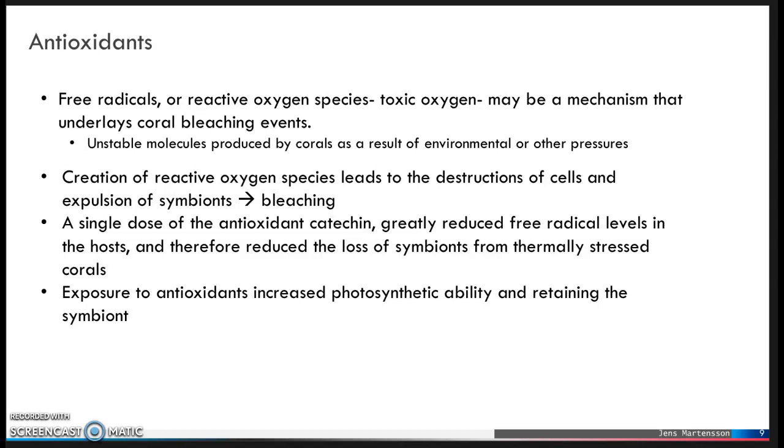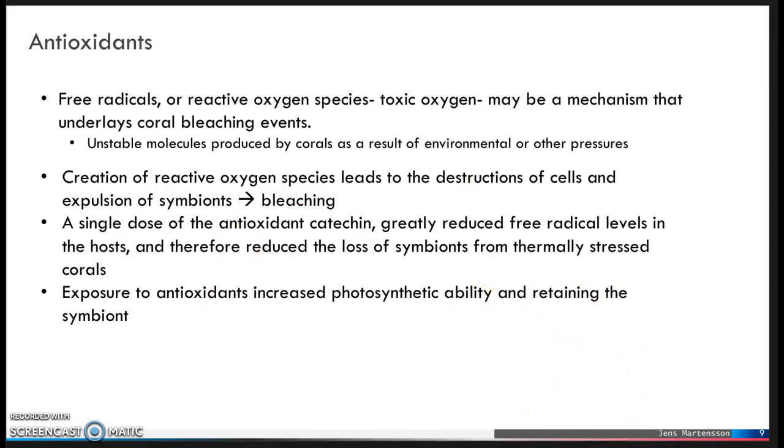In a couple of studies I looked at, the conclusion was that a single dose of the antioxidant catechin greatly reduced free radical levels in the hosts and therefore reduced the loss of symbionts from thermally stressed corals.